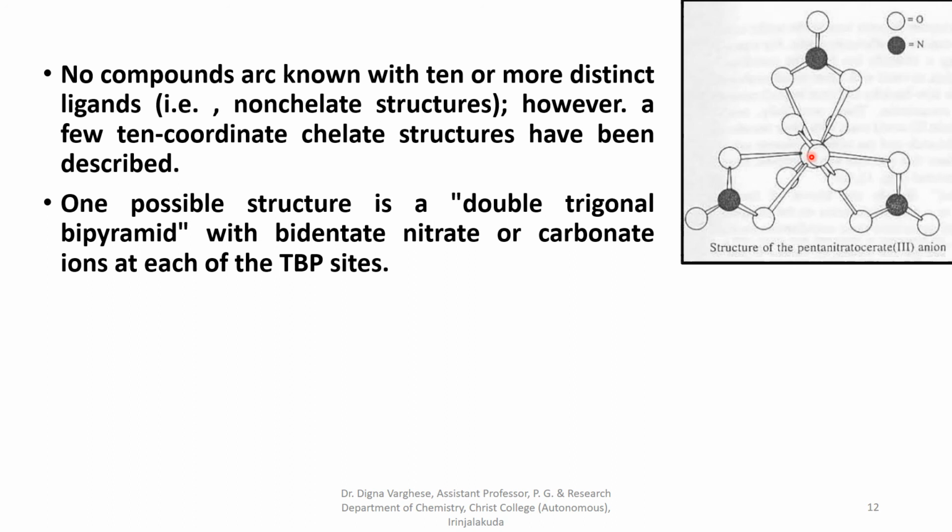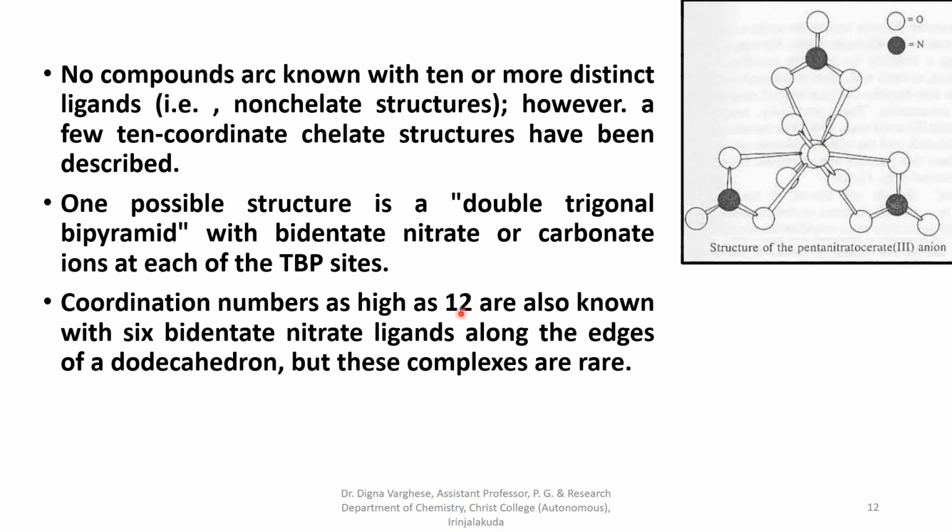Here the central atom is cerium, and the nitrate ion is attached to the central atom in a bidentate fashion, forming a double trigonal bipyramid and a 10 coordinate complex.